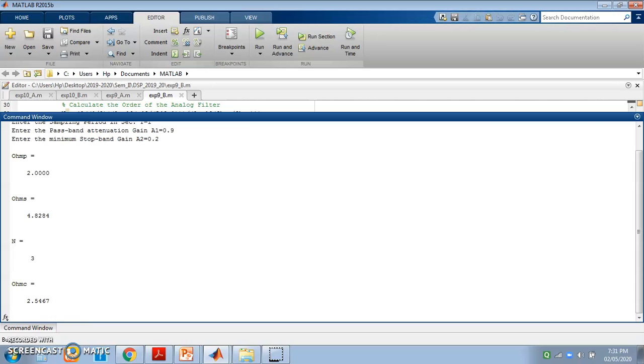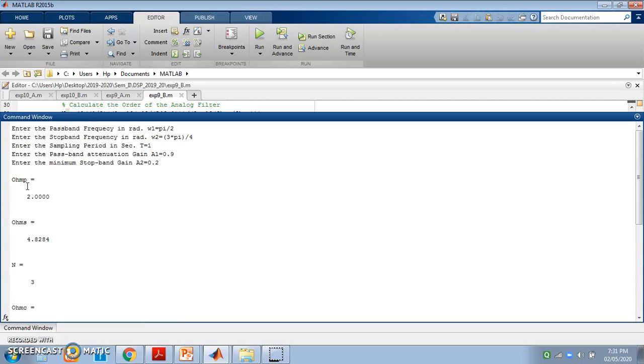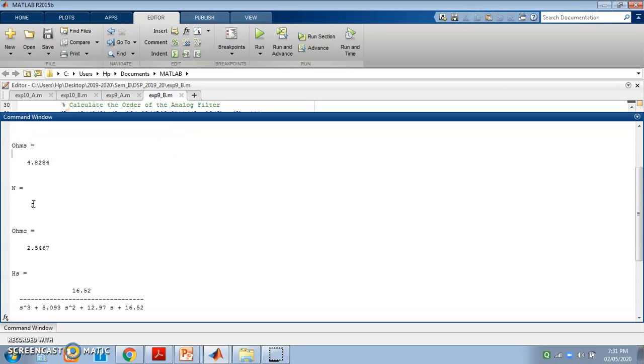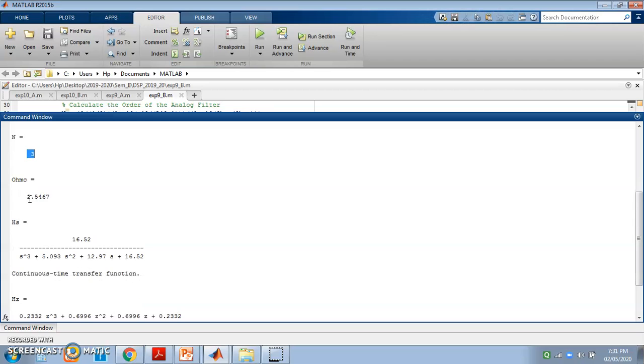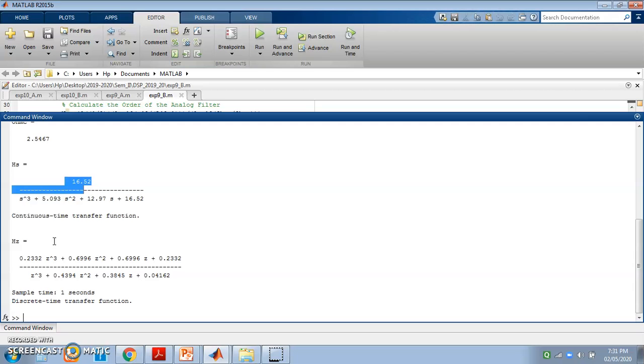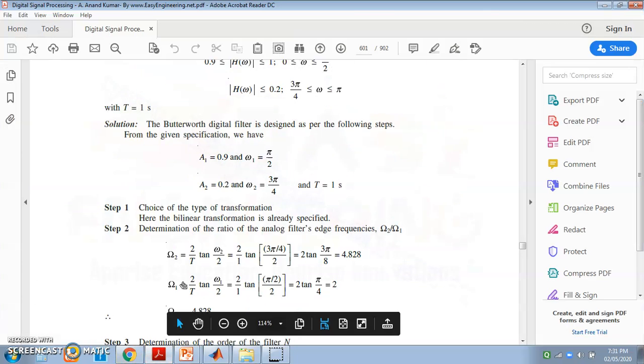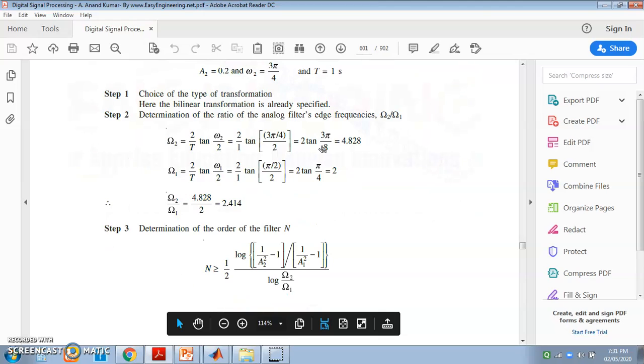So if I run this, we are having the passband analog frequency, stop band analog frequency, order of filter, that is 3, then cutoff frequency, then transfer function of analog filter and transfer function of digital filter. So if we compare our answers, here we are having omega s as 4.8 and omega p as 2.